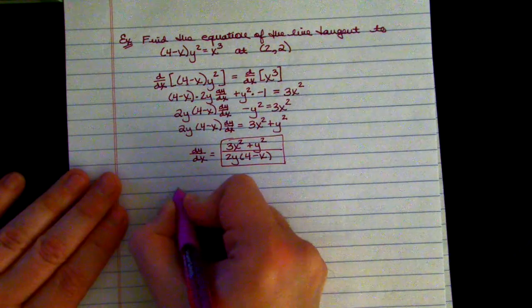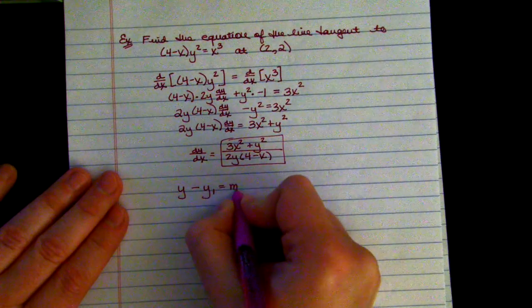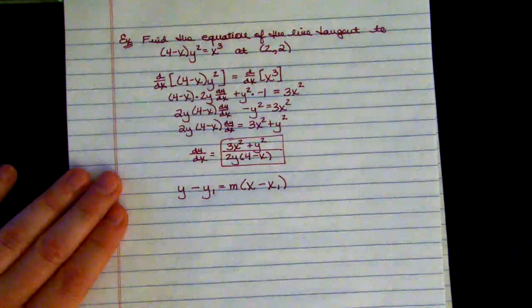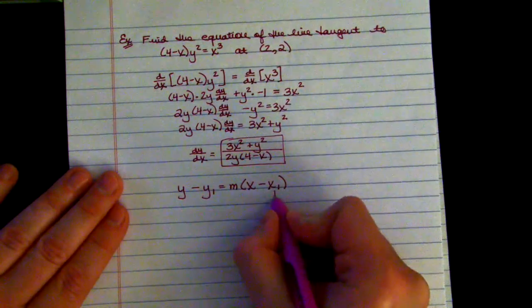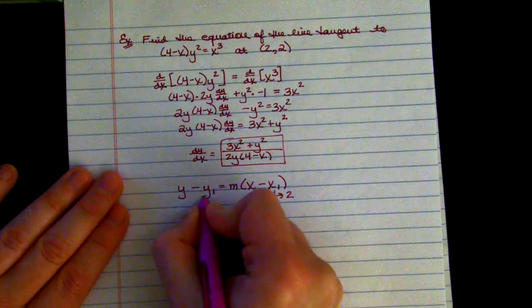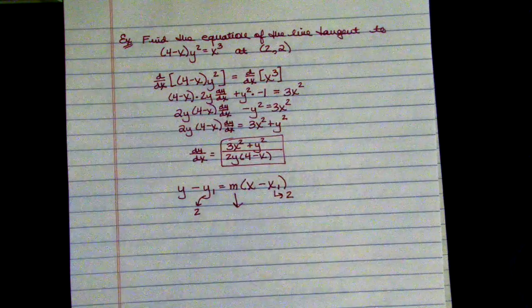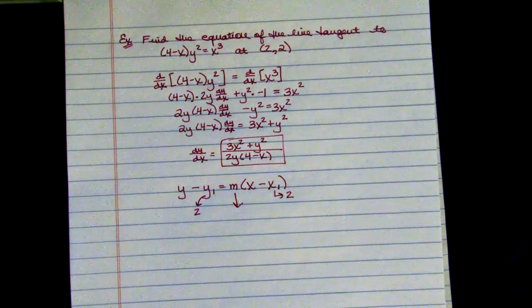For the tangent line, same thing we always do. y minus y1 equals m times (x minus x1). x1 and y1 are really easy because I told you it's (2, 2). As for m, I need to plug into my derivative, and the only difference between this and things I did earlier is here there's an x and a y to plug in.